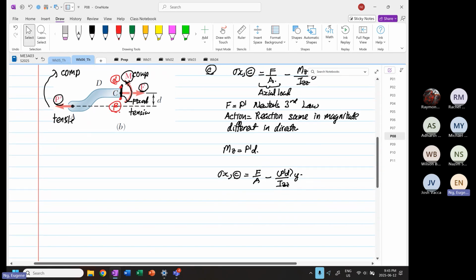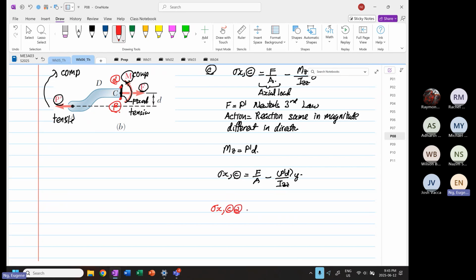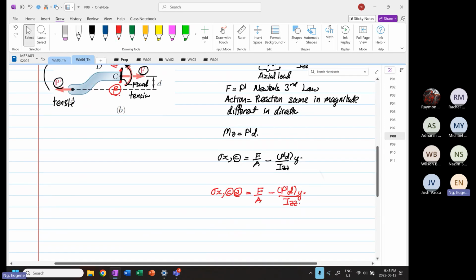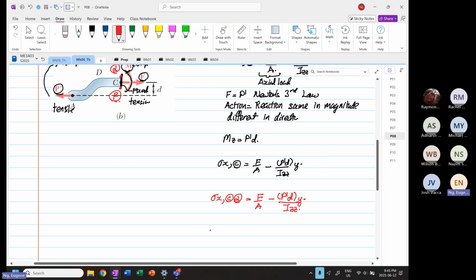So stress x at point C at point alpha is equal to F over A, but the top part is in compression, so it's minus P prime D multiplied by Y divided by Izz. Next, stress x at point C at position beta: F over A is still in tension, and due to bending, it becomes positive. So it's plus P prime D Y divided by Izz.